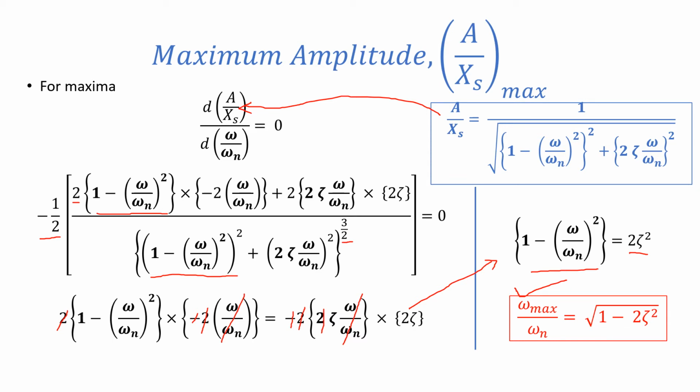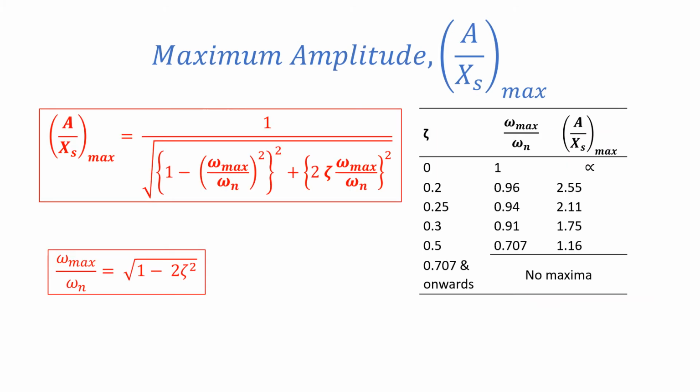Next job is, we have to put this value into the A by XS relation to find out the maximum amplitude ratio value. So now we put omega maximum by omega n, which is under root 1 minus 2 zeta square, into A by XS.